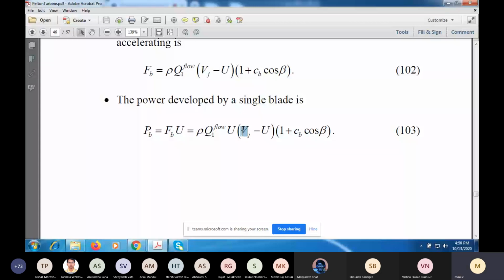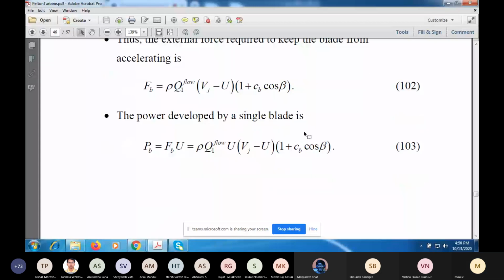So you should become familiar with these empirical factors also, just in case you are given a problem where the value of the blade friction factor is given, and then you may wonder what it is.